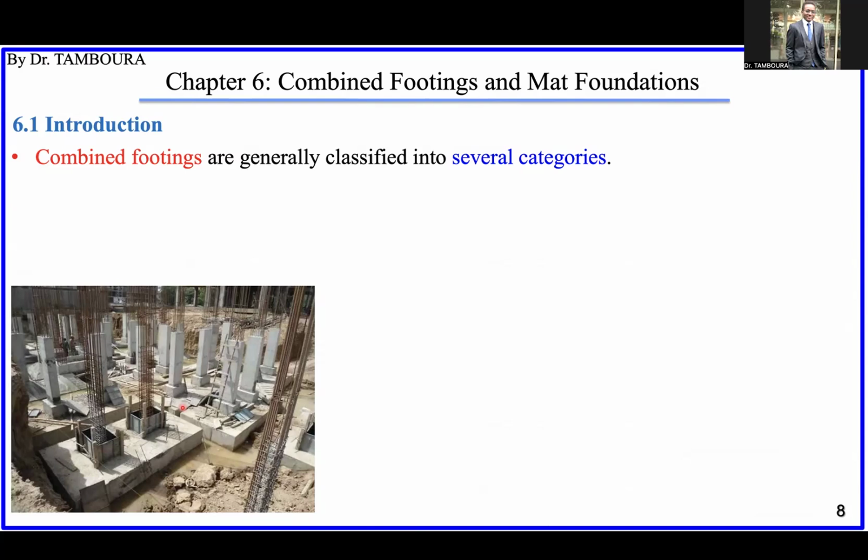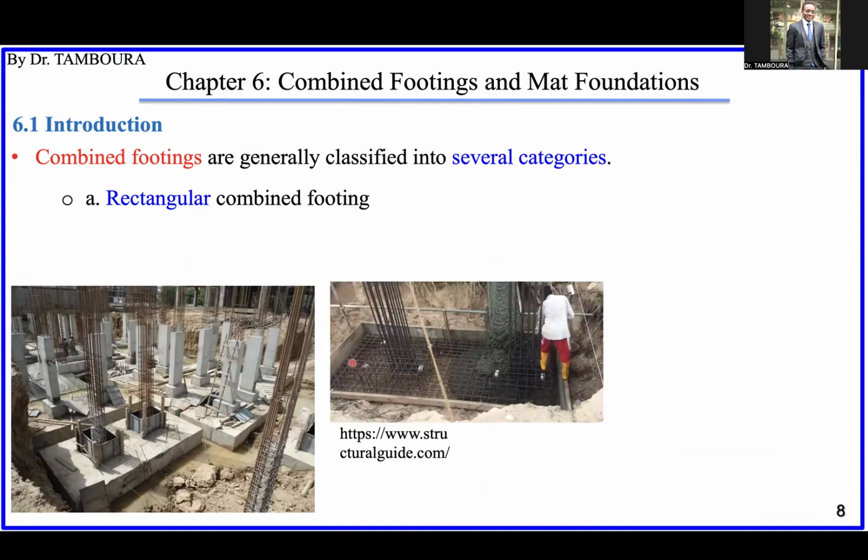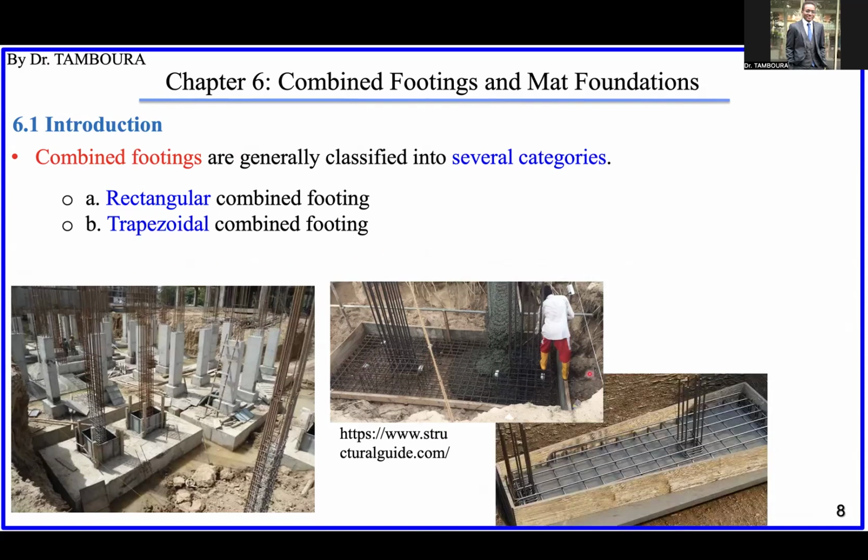Okay, this combined footing, we have several categories. We can have rectangular combined footing. For example, this, you can see it's rectangular shape, huh? It's rectangular, and you have two columns coming. Okay, you may have also trapezoidal combined footing like this. You can see here it's shorter than this side. The shape is like a trapezoid.